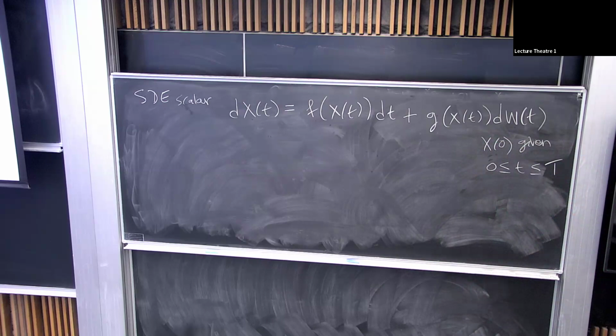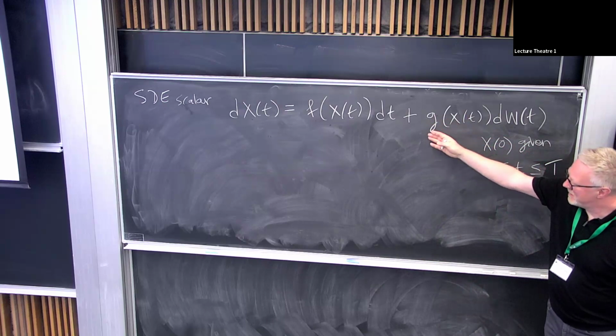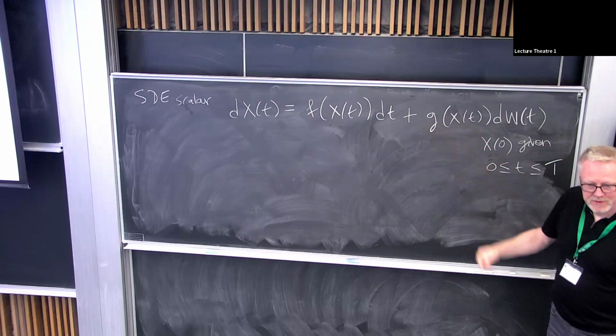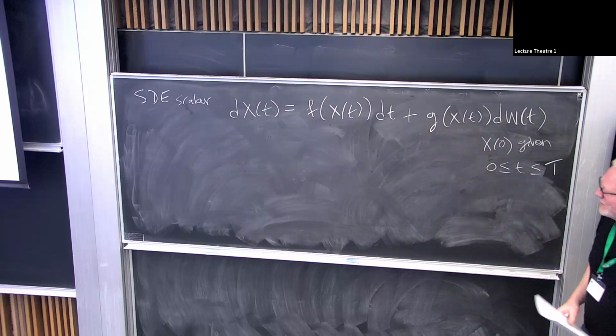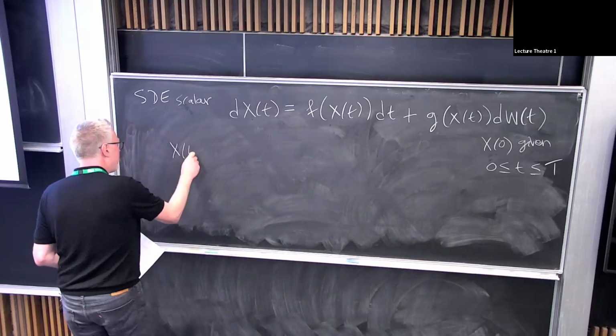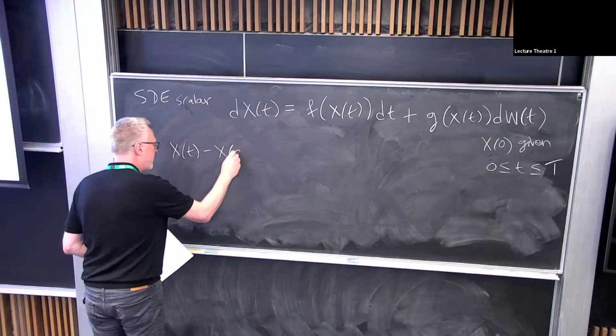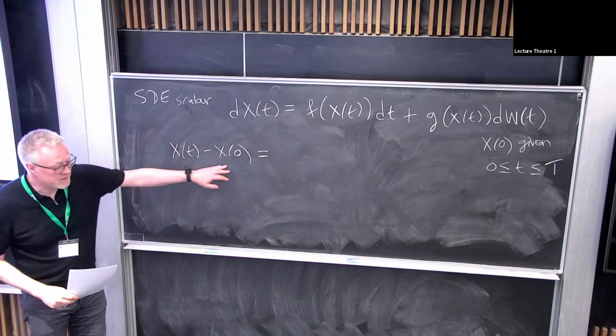Okay. Now, as many of you will know, this doesn't really mean anything the way it's written. We have to regard this as representing an integral equation, because we can't differentiate in this world. We can integrate. So this is equivalent to the integral version, where we say that the change in the process is given by integrating.